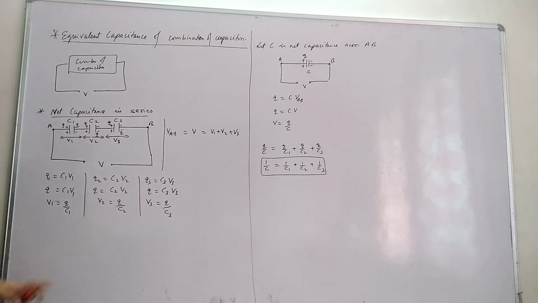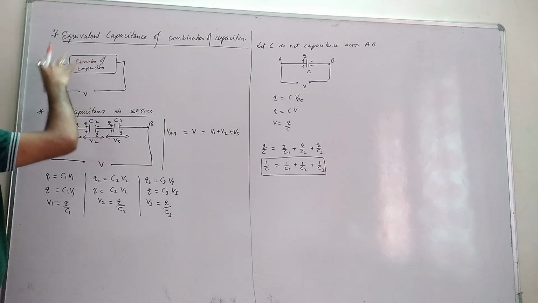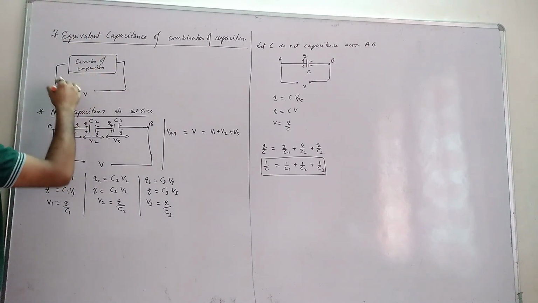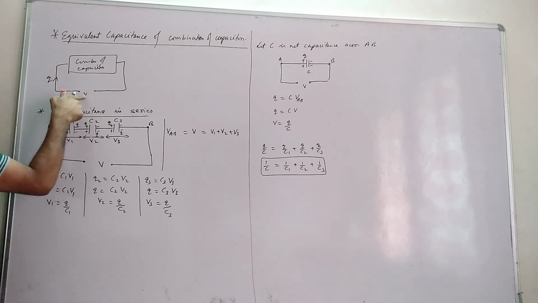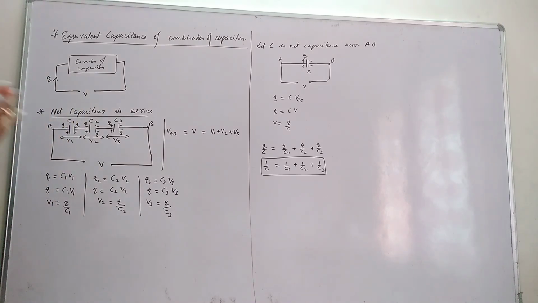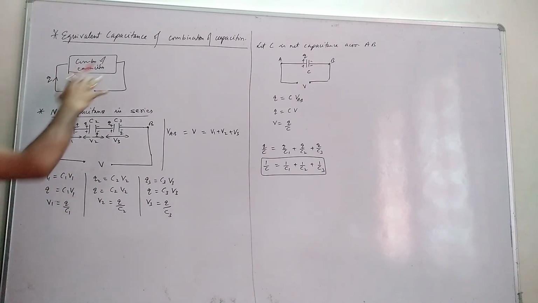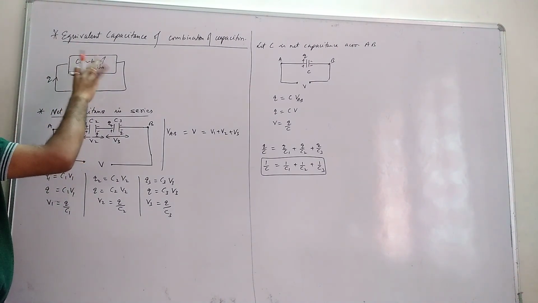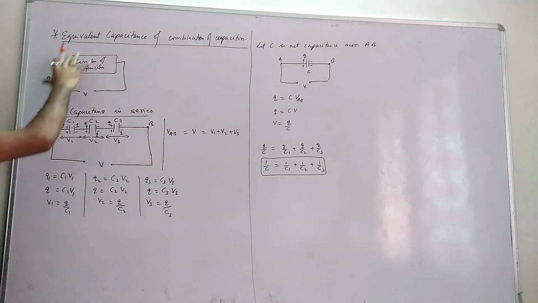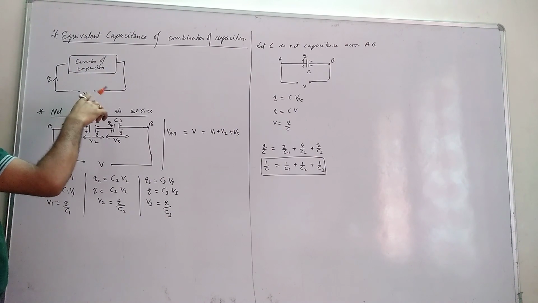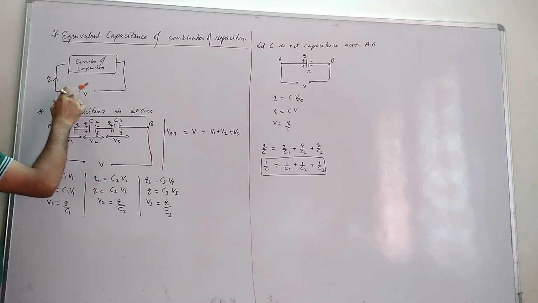Now these capacitors combined together take out Q charge from this source V. Source means a source of potential difference V, a battery. What is the job of a capacitor? To store charges. So all these capacitors together take out Q charge from the source.